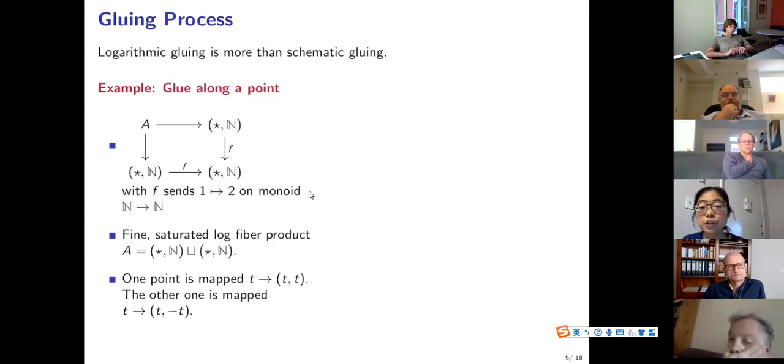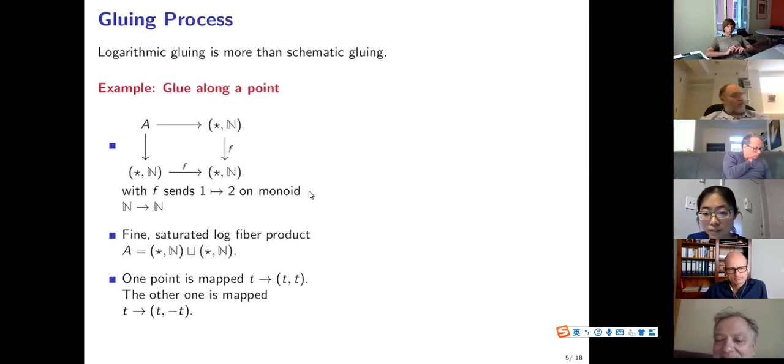And if we take the fiber product in the category we want, which is the fine saturated logarithmic schemes, we will get the disjoint union of 2 points instead of 1 point that everyone would hope for. For these 2 points, one of the points sends the log structure t to t, and the other one sends t to minus t.